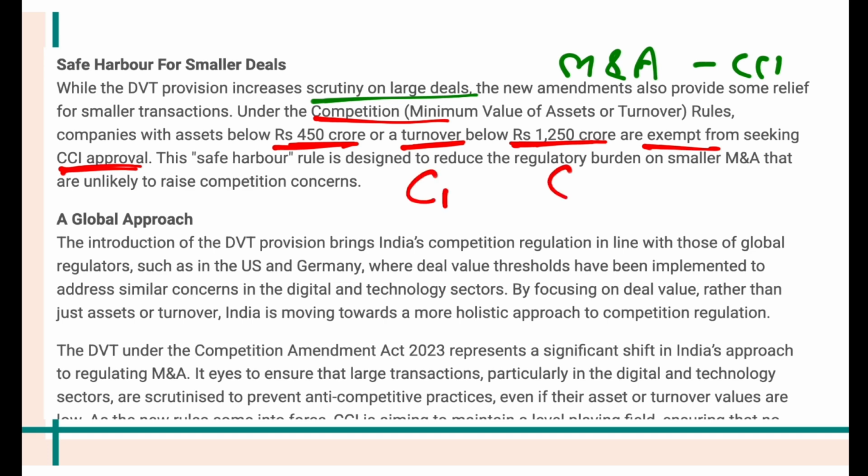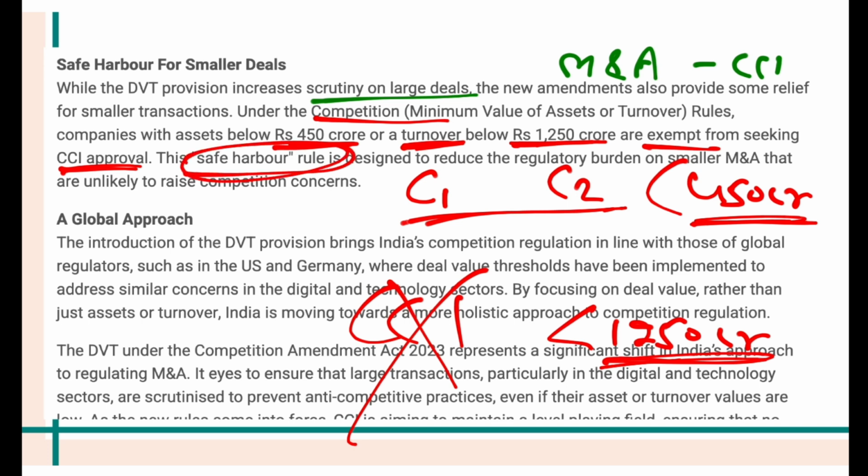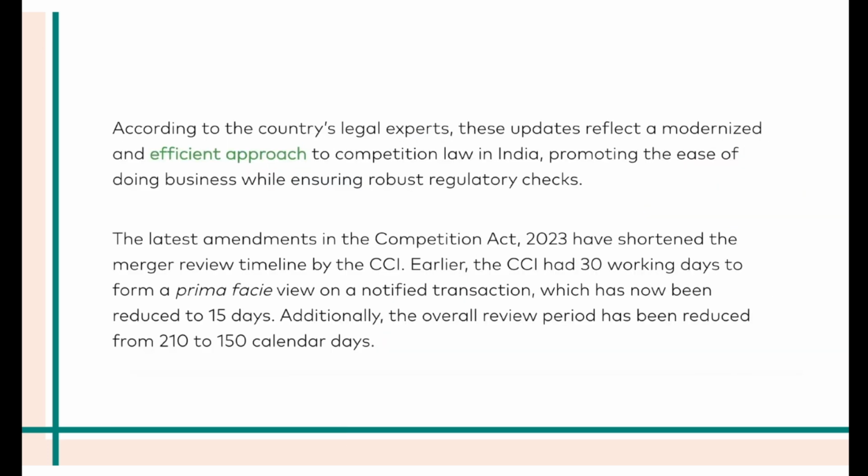So if a company's assets are below 450 crore, or its turnover is below 1250 crore, then they don't need the permission of the Competition Commission of India. So they are exempt. This is called the safe harbor rule. Is that understood now?